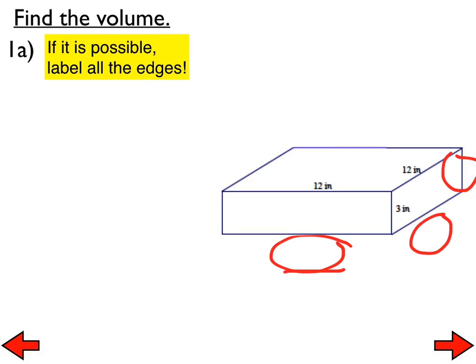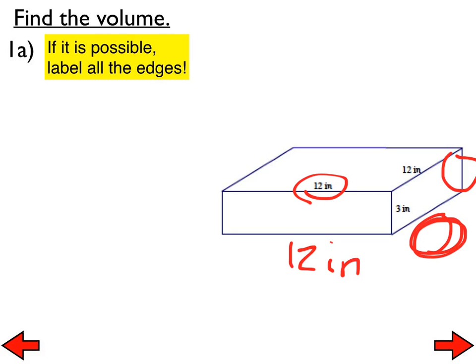What is the length of this side right here? 12. It's 12. And it should be obvious to most of you that it's 12 inches. Why? Because that's 12 right there. What's this side right here? 12. It's also 12 because of that 12 right there.